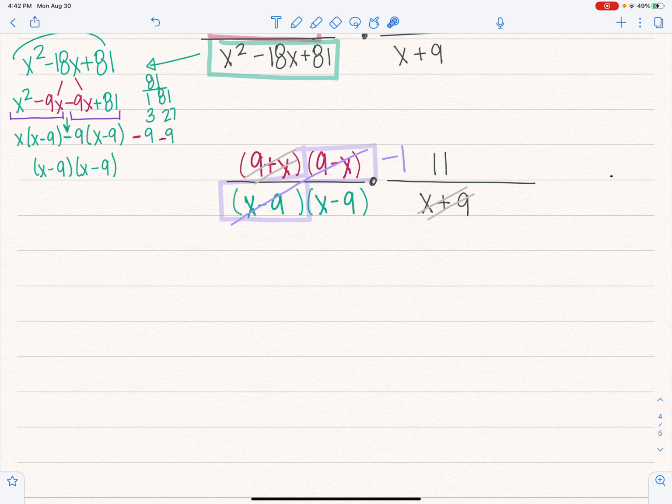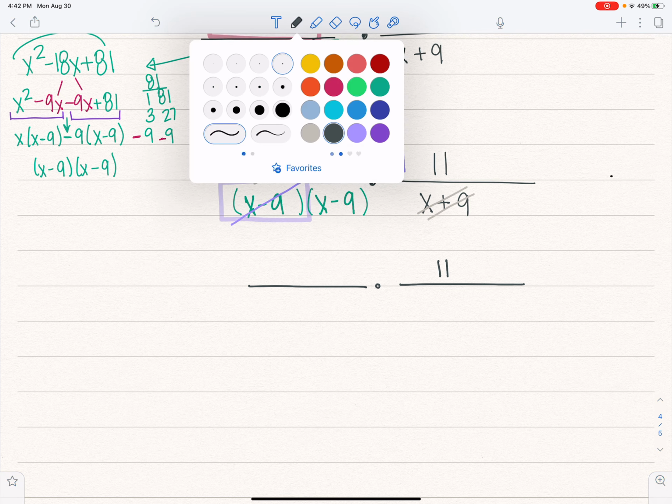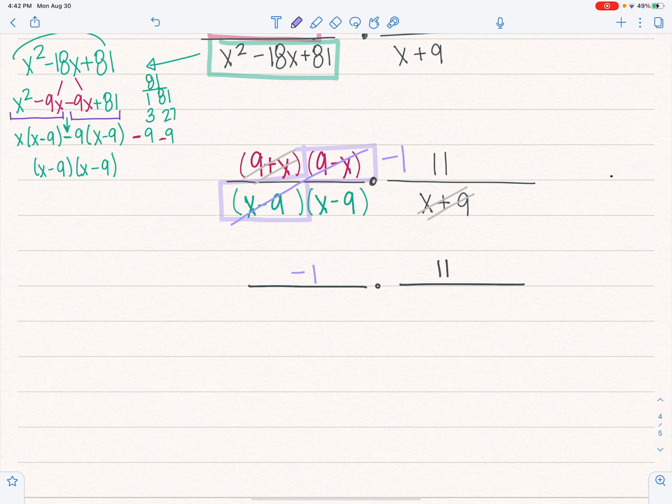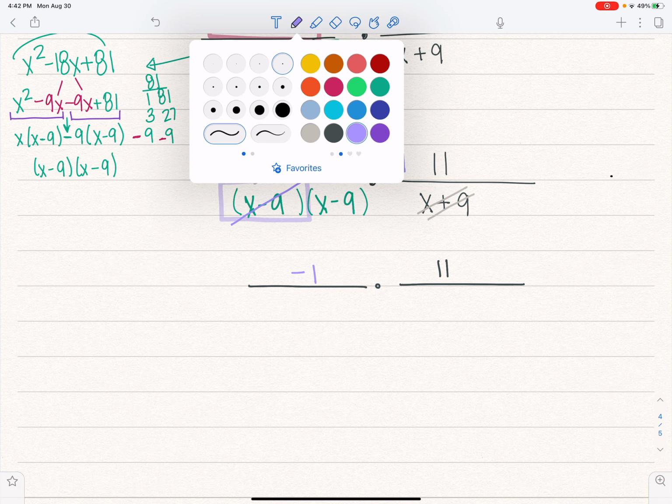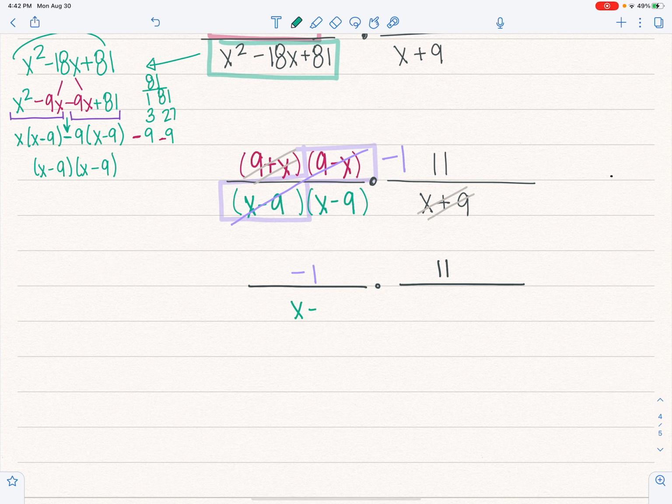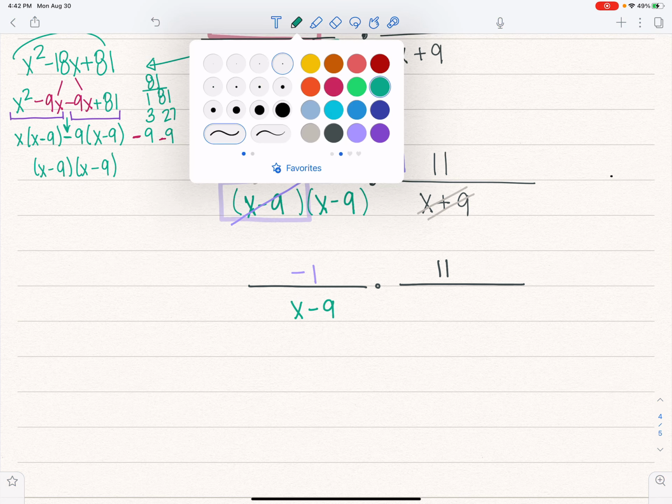Nothing else cancels, and so I'm left with that 11 still because I didn't touch it. Over here on the top left, I just have a negative 1 left behind. On the bottom left, I'm left with x minus 9. Top right, we already said that one was 11. Bottom right, that is going to just be a 1 because it all canceled.